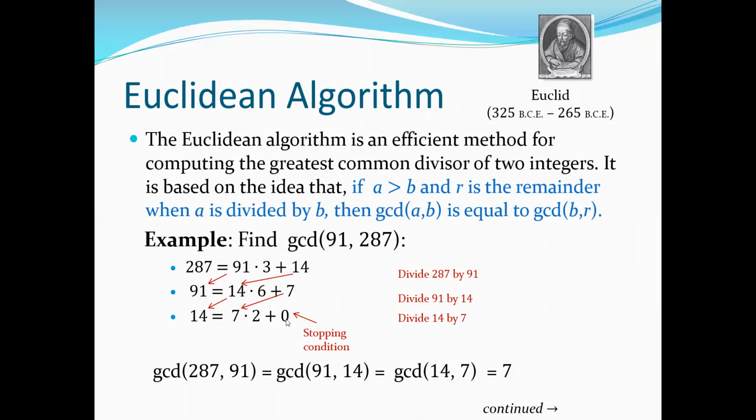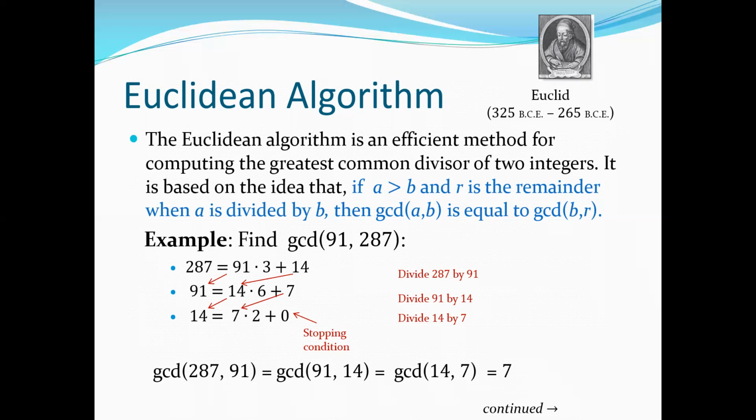If the excess or the remainder is equal to 0, we stop the division algorithm, and we get the last divisor, which is 7, and that will be your GCD.